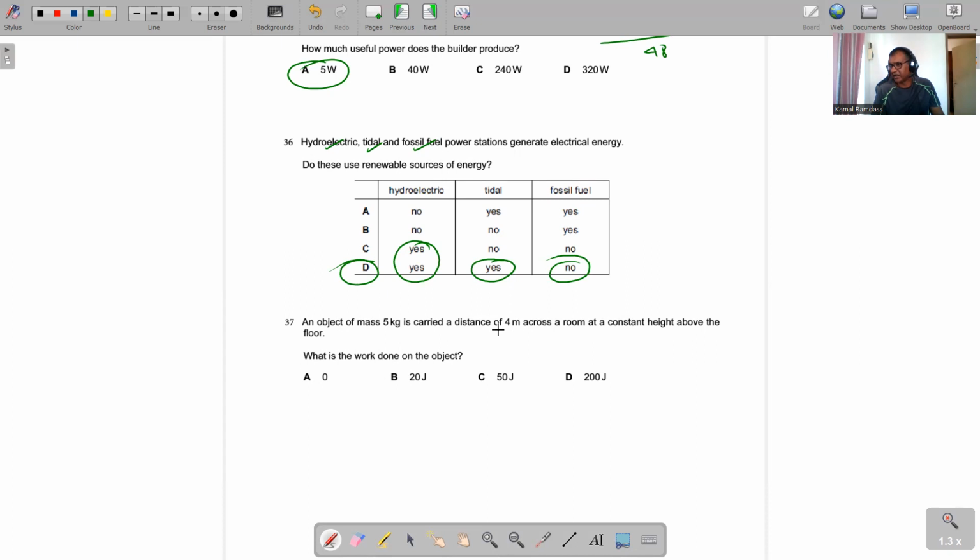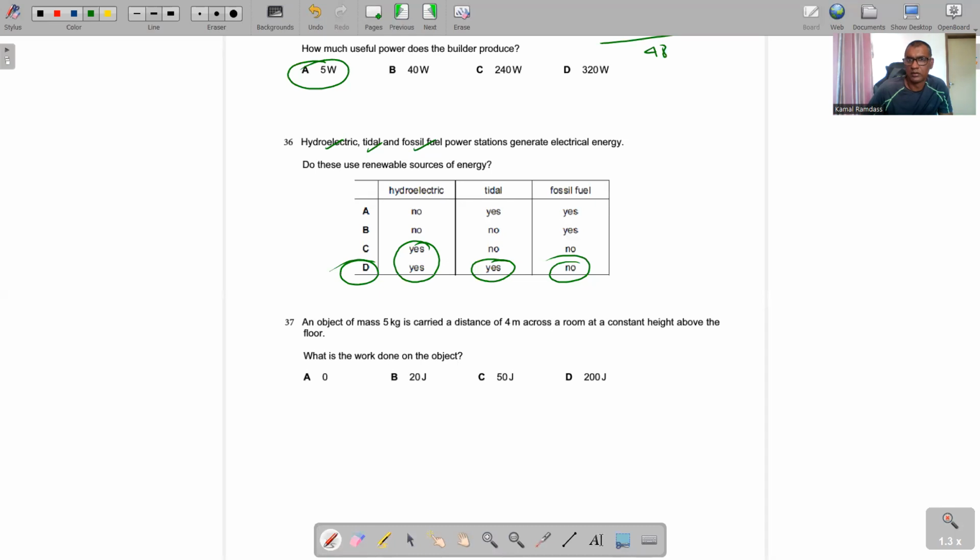An object of mass 5 kg is carried a distance of 4 meters across a room at a constant height above the floor. What is the work done on the object? Let me take a pause and resume. An object of mass 5 kg is carried a distance of 4 meters across a room at constant height above the floor.